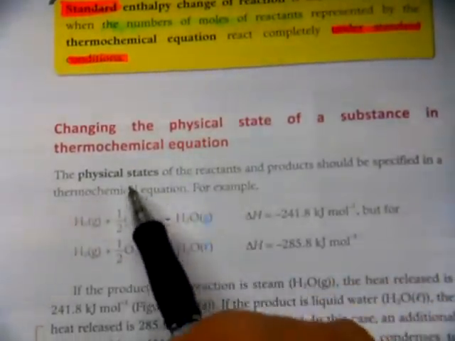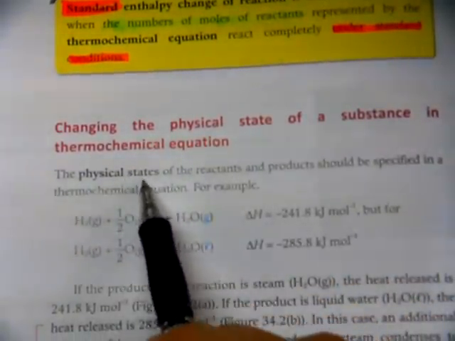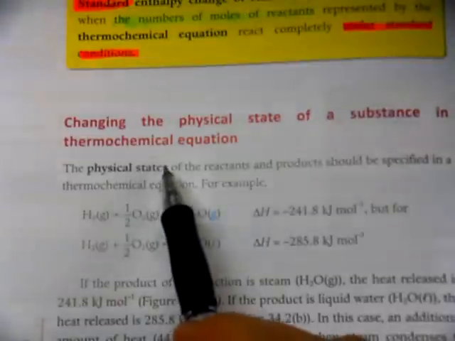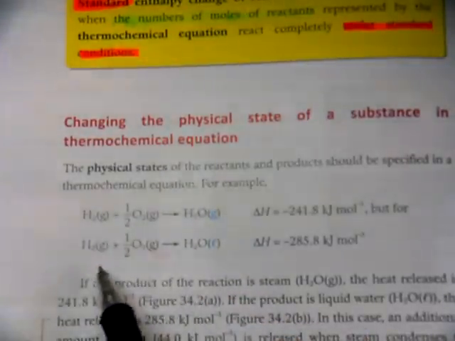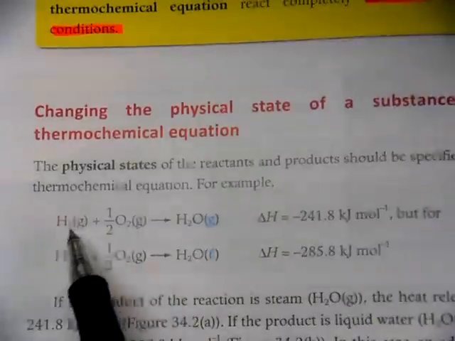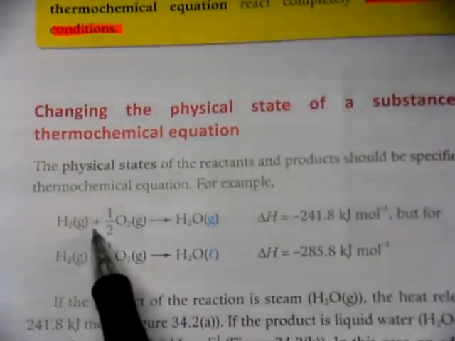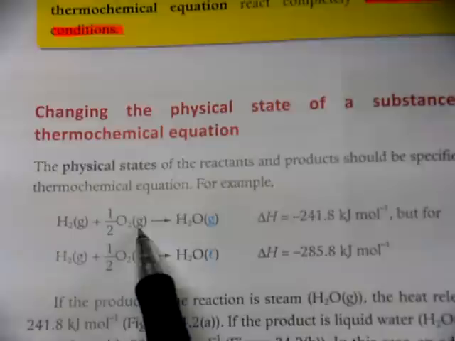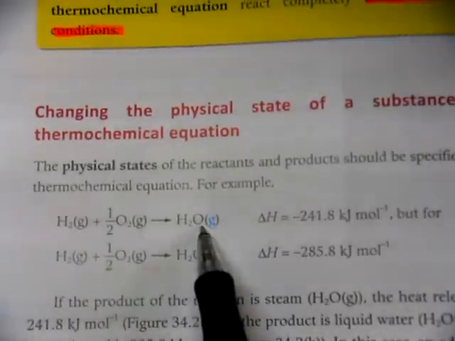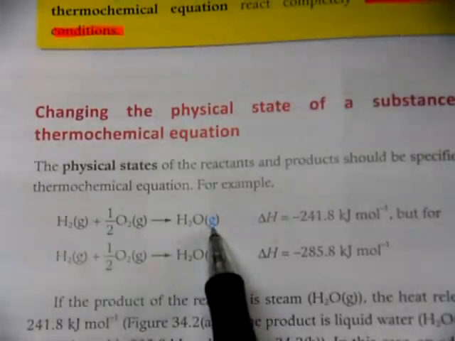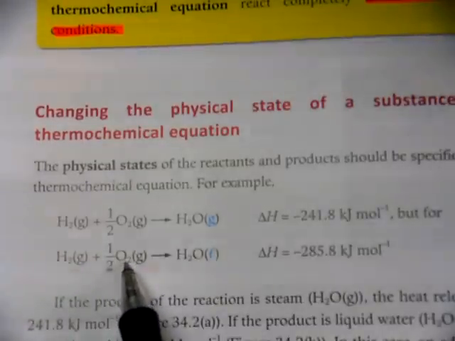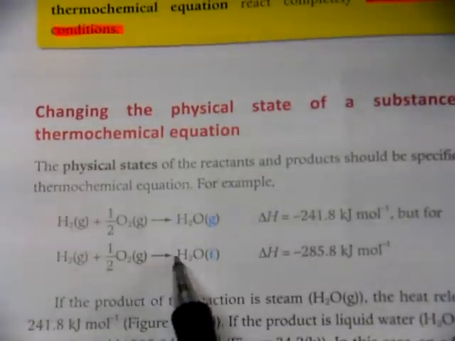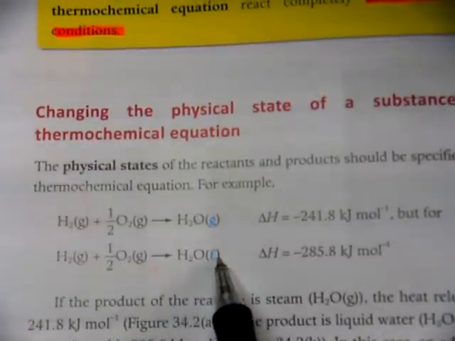Now, let's talk about the states. Why states are very, very important. Let's compare these two equations. H2 gas reacts with half O2 gas to form water in gaseous state. H2 gas reacts with half oxygen to form H2O liquid.